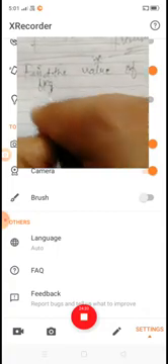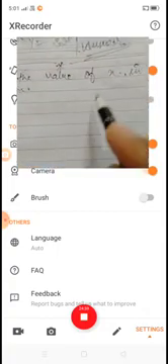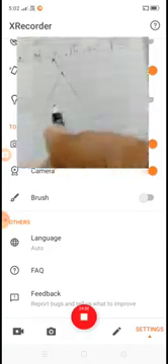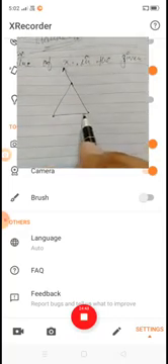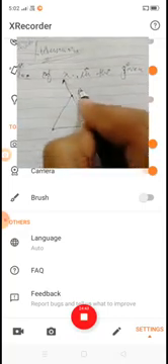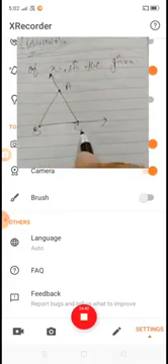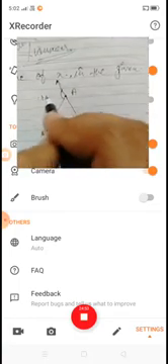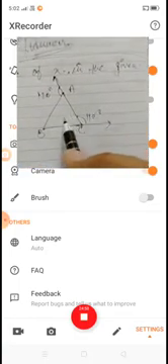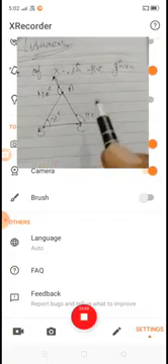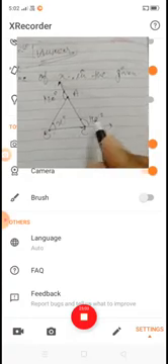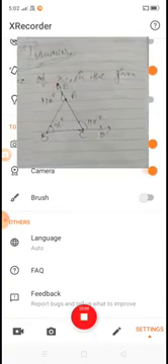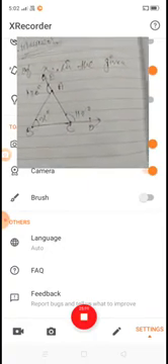Your figure is ABC. That angle is 112 degrees, that angle is 120 degrees, that angle is x, and in this figure find the value of x. Here this is D, that is E. Okay, now let's solve it.